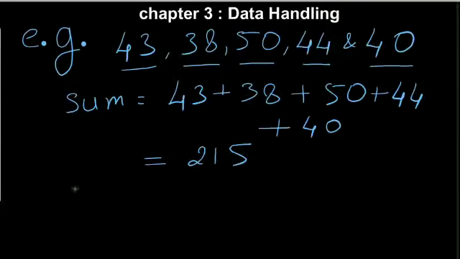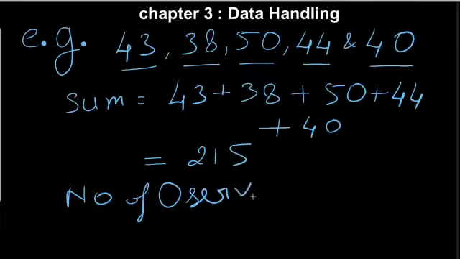Now what is the number of observations? The number of observations we have taken here is 1, 2, 3, 4, 5.